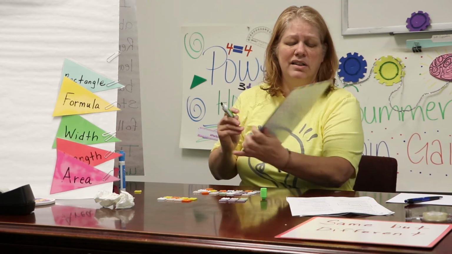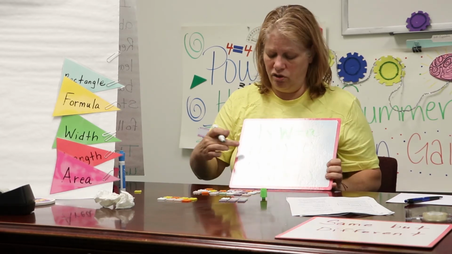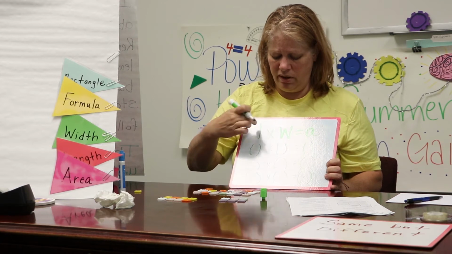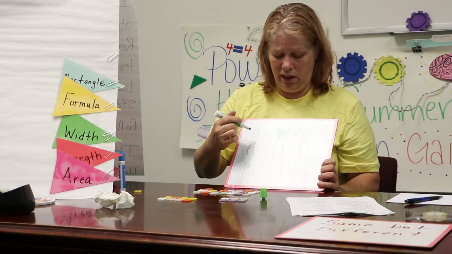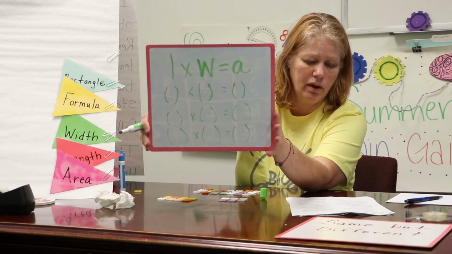I need you to write 3 of these formulas. So you can write 3 of them, and then we're just going to plug in the numbers like that. So you should have 3 empty parentheses representing length, width, and area. Everybody see that? All right.